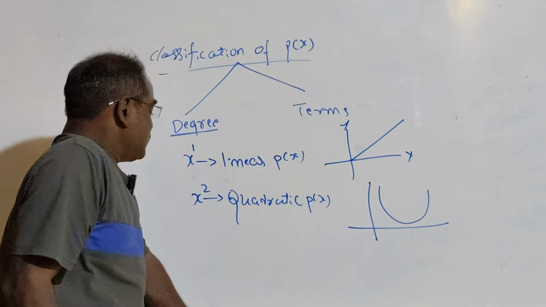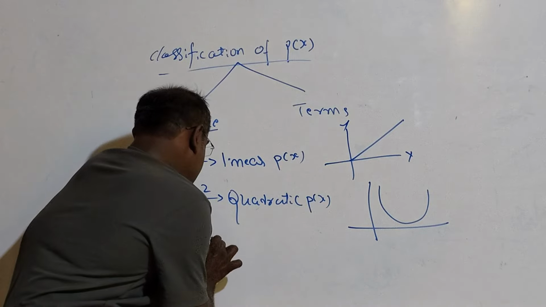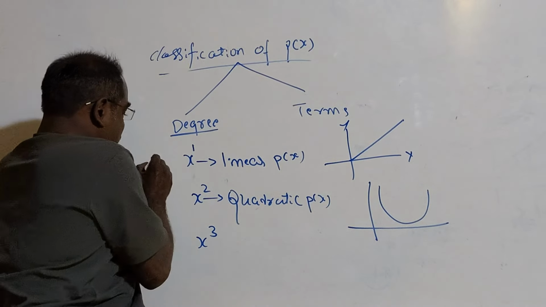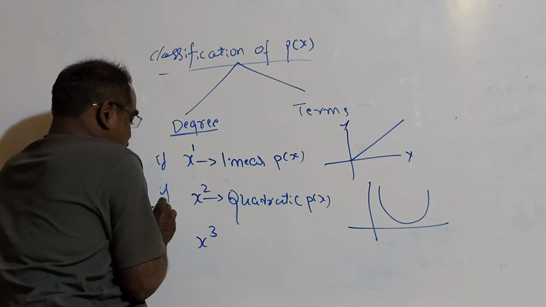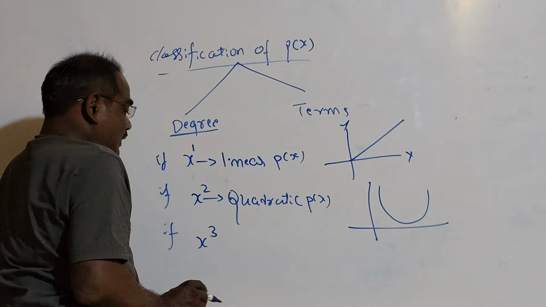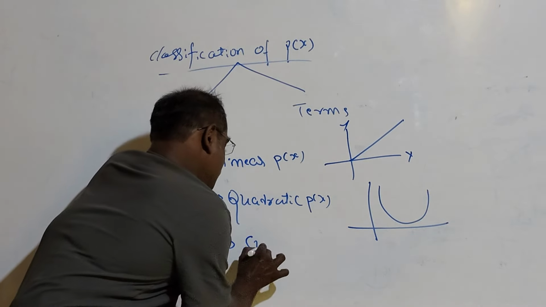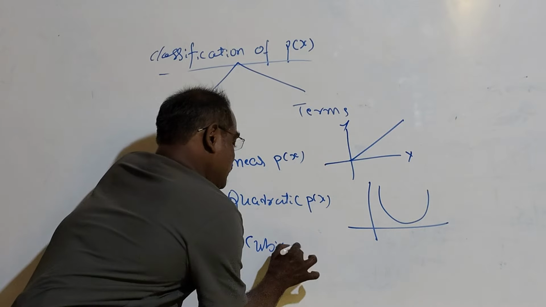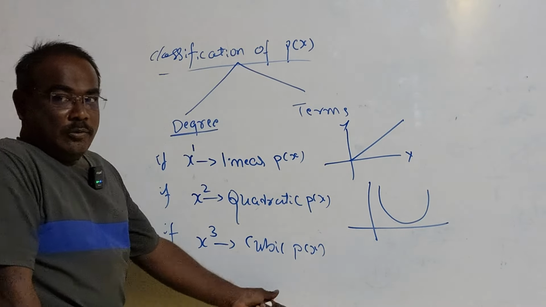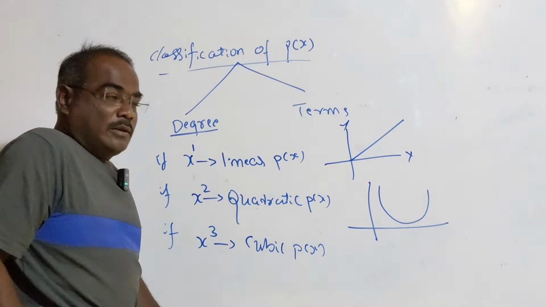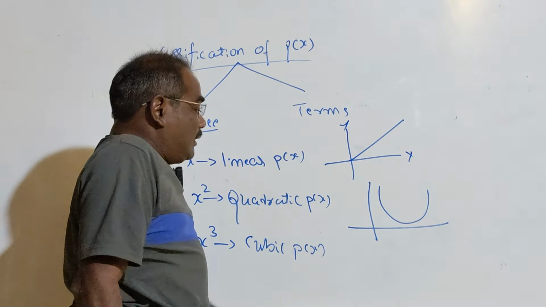Okay. So then if x power is 3, then it is cubic polynomial. Cubic polynomial.